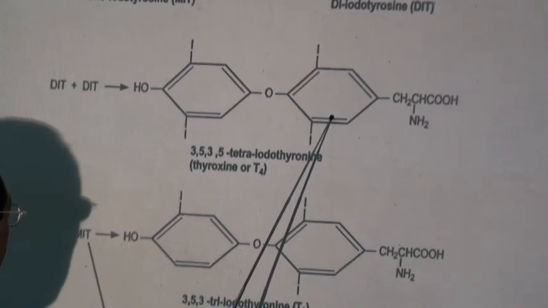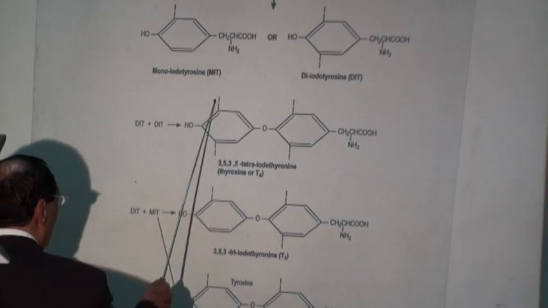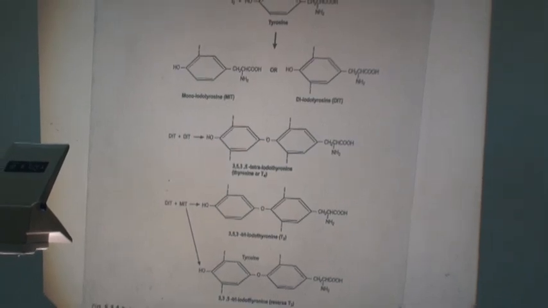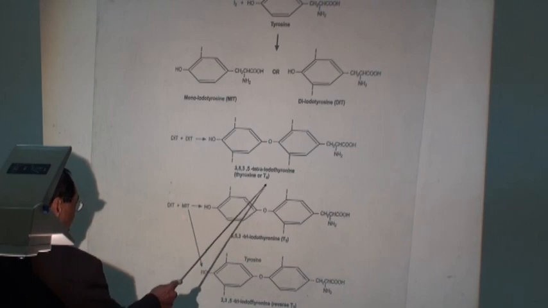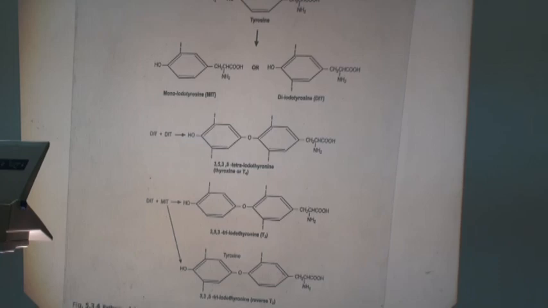You see, this tyrosine has two iodines, binding with another tyrosine that has two iodines, producing tetraiodothyronine or thyroxine or T4. And the thyroid gland produces mainly this hormone.